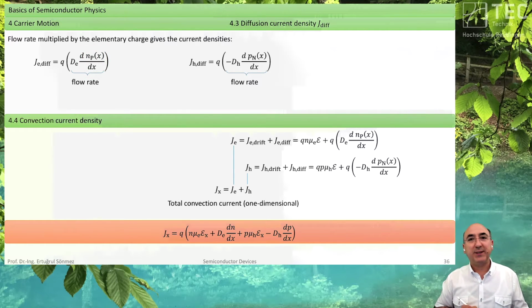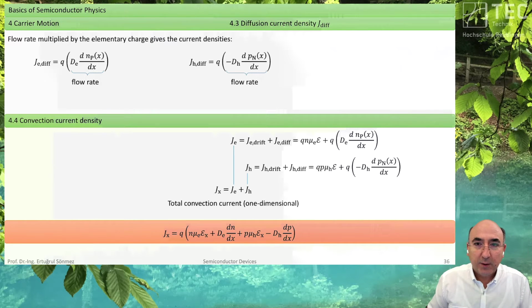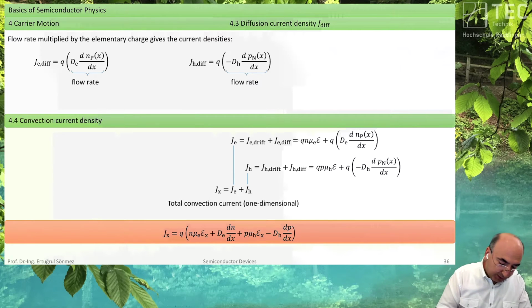Therefore, solar cells work. Solar cells generate a concentration difference. And this concentration difference generates a current if you close the loop. And that's your photovoltaics, for instance. Okay.